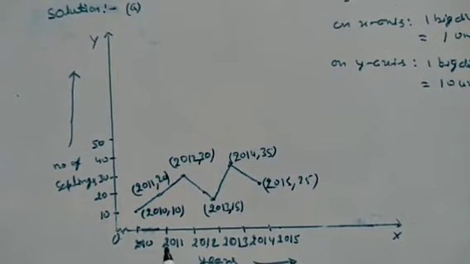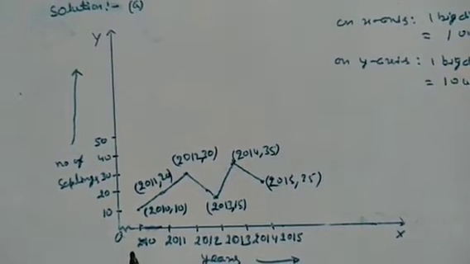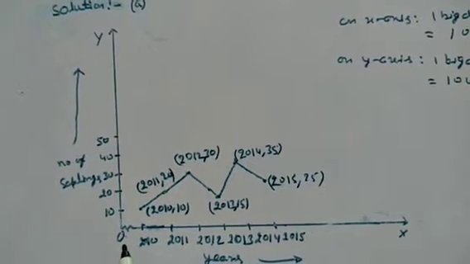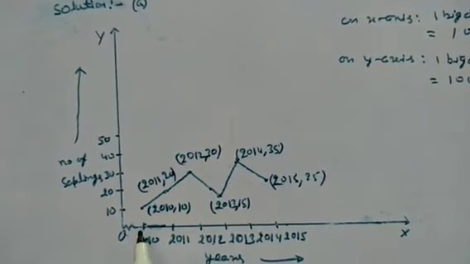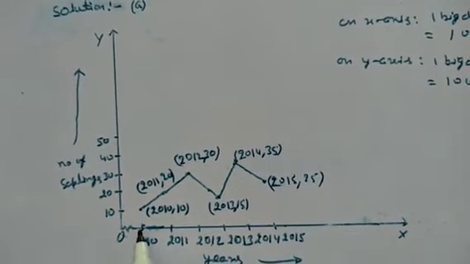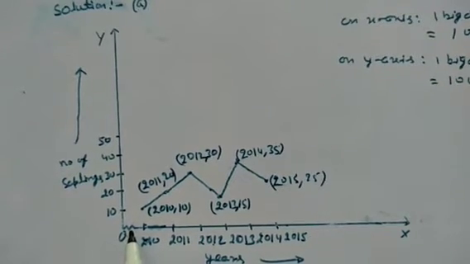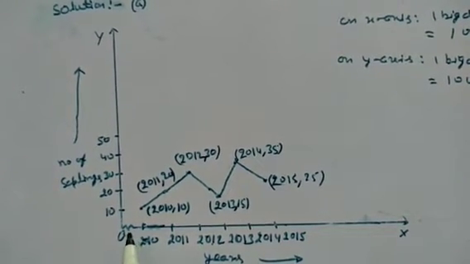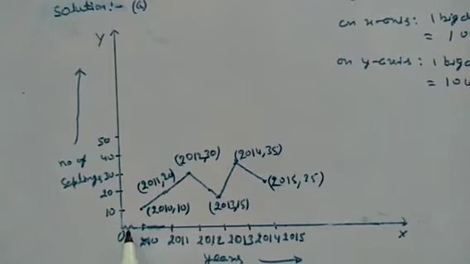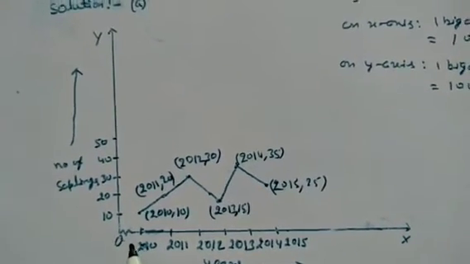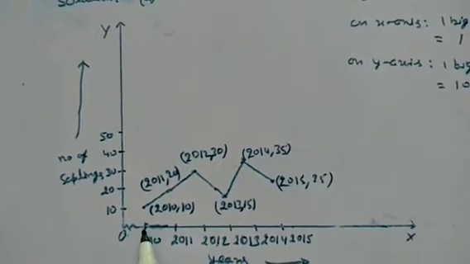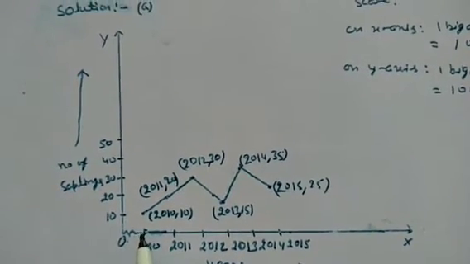The gap is of 1 unit, but before that we have a gap of 0 to 2010, that is not proper. So we put a kink here. What is a kink? Is it clear, children?